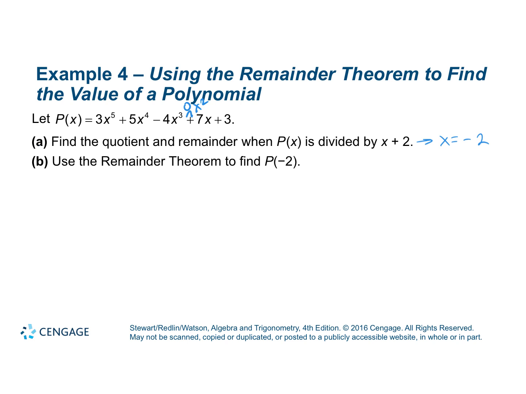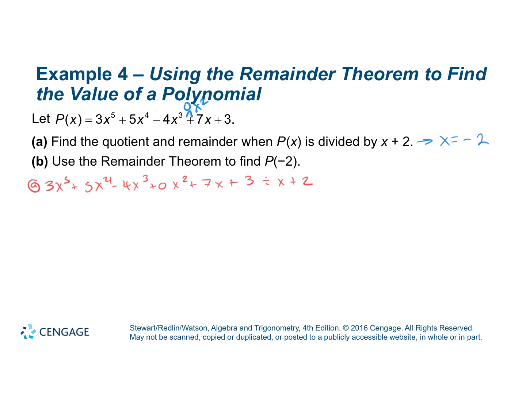So I'm going to go ahead and write it down. We're going to get 3x to the fifth plus 5x to the fourth minus 4x to the third plus 0x squared plus 7x plus 3 divided by x plus 2.